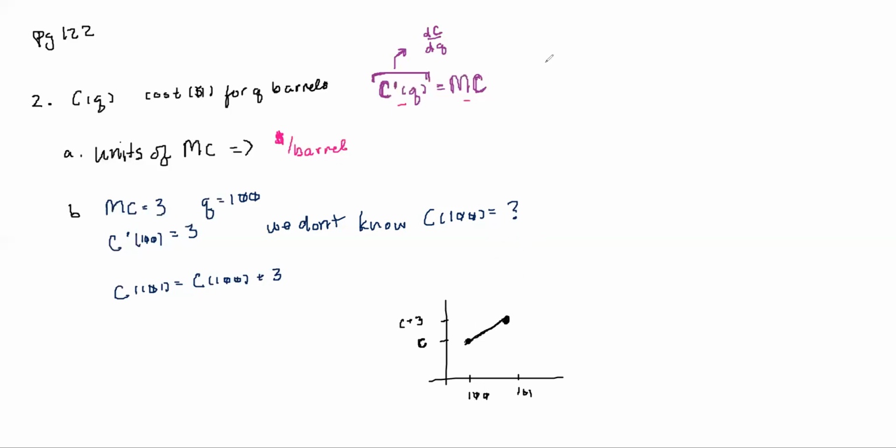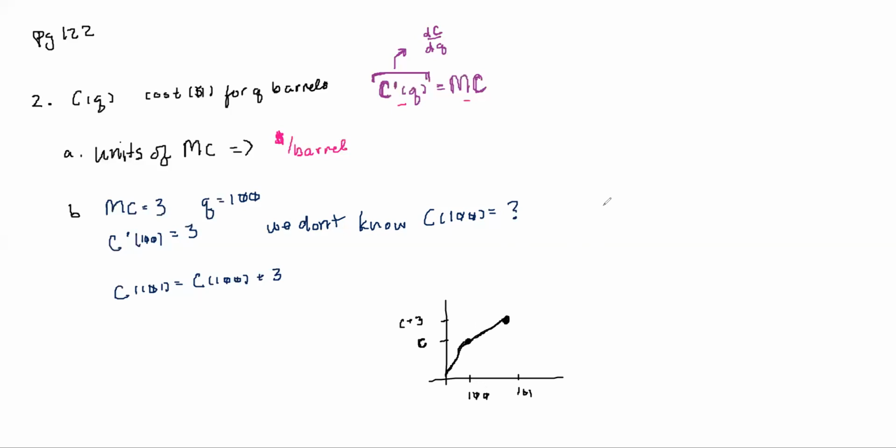It doesn't matter what this graph is doing before or after, because all we're concerned about here is the cost of adding one more barrel to our production, and the cost of that one barrel is $3. Okay.